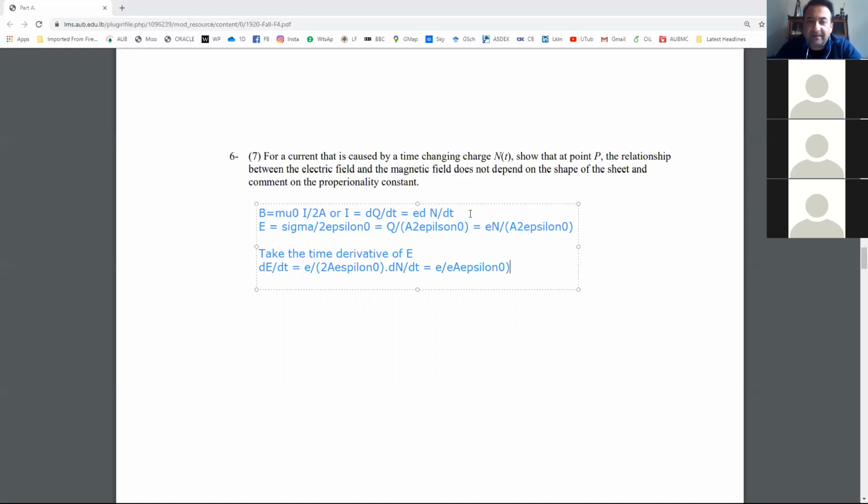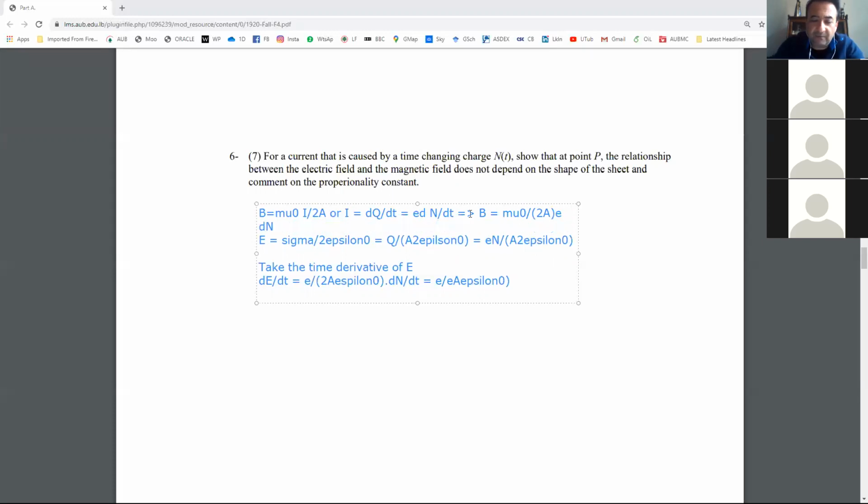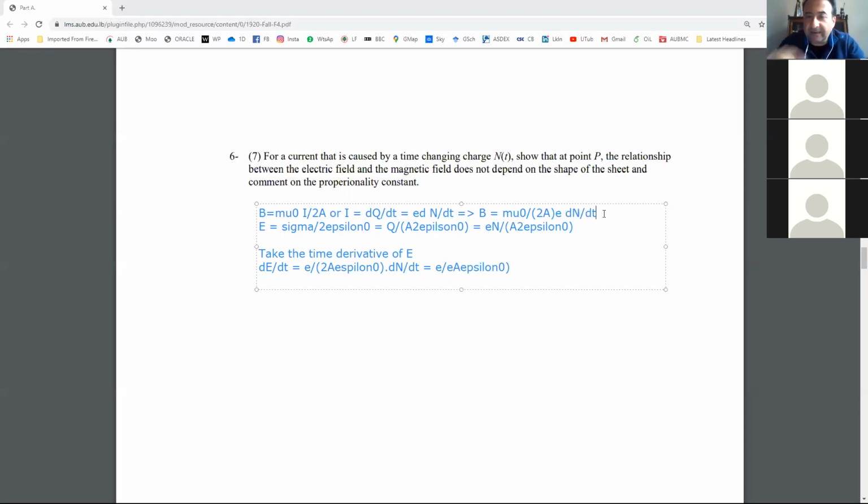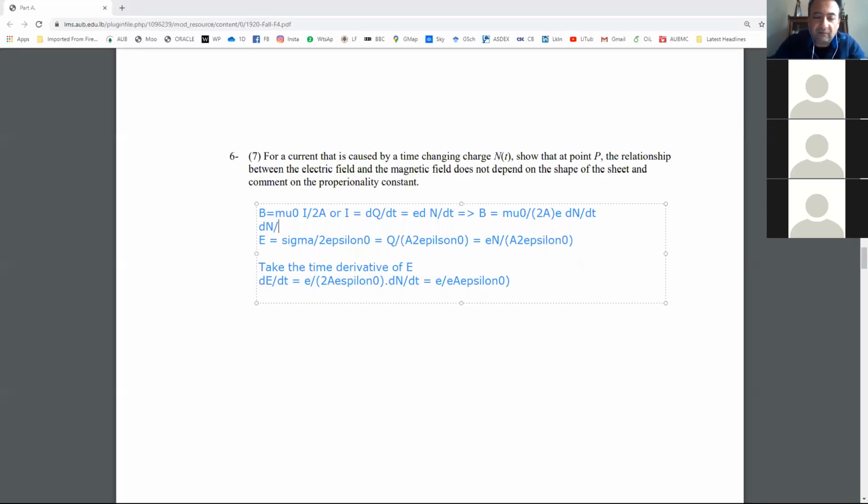So basically, if I go back here, this gives me B, B is equal to mu 0 over 2A multiplied by I, which is e multiplied by dN over dt. Okay? So from here, I can get dN over dt.